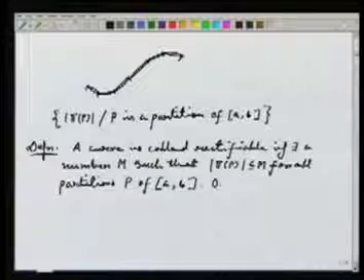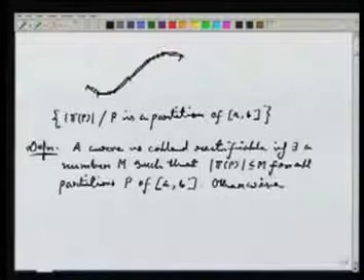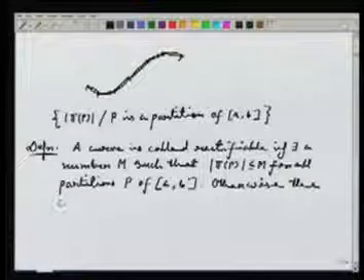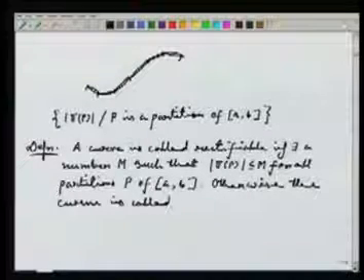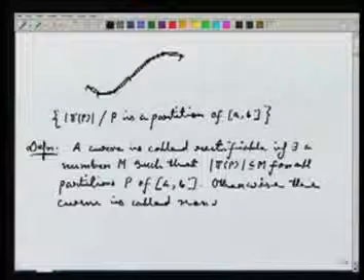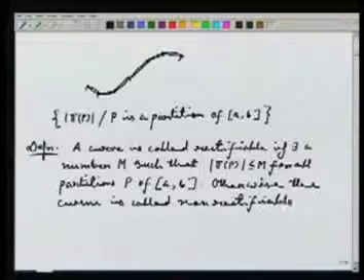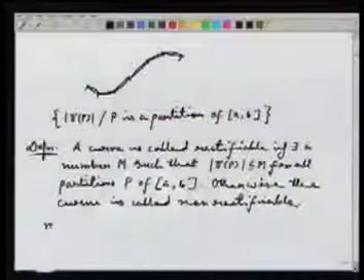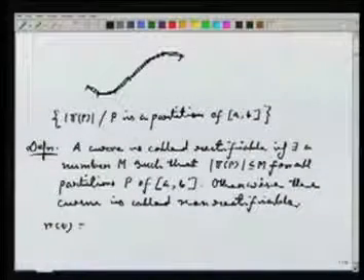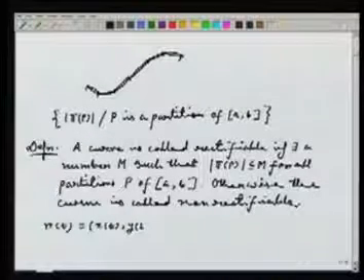So I will just say otherwise the curve is called non-rectifiable. Now, to make things precise, I would start with a curve r, r(t) equals (x(t), y(t)). I will put some condition on x and y.